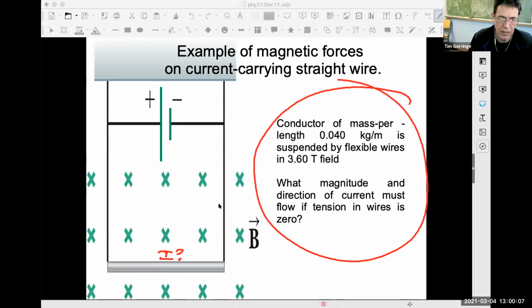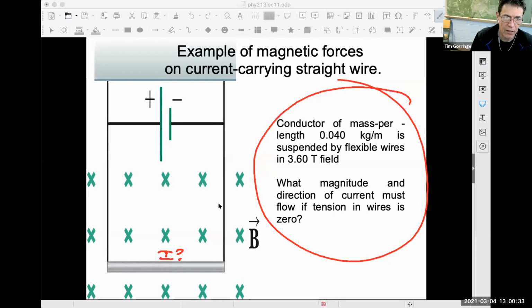So if you did this, if you took a conductor and you hung it from these two wires, in this uniform magnetic field, and you started varying the current in the wire, the direction of the current in the wire, the size of the current in the wire, you get different magnetic forces, different direction magnetic forces, different size magnetic forces.